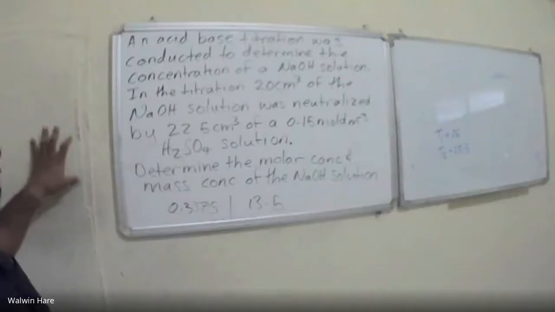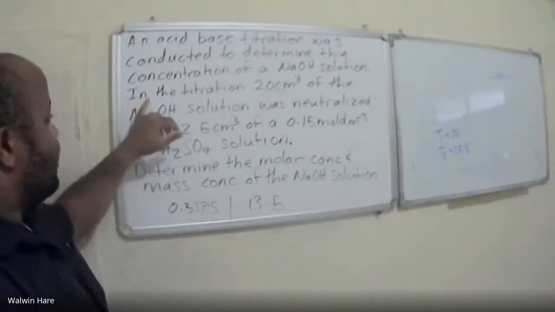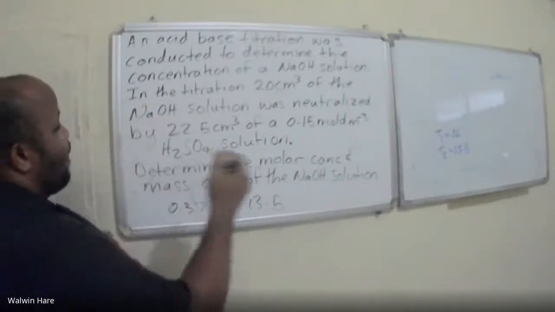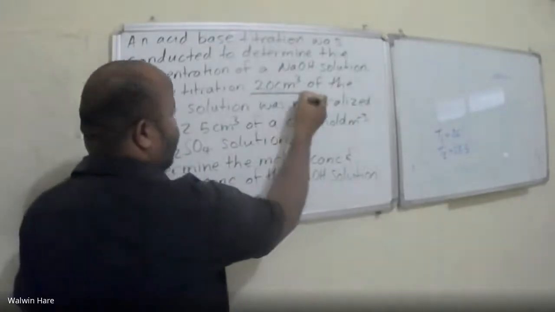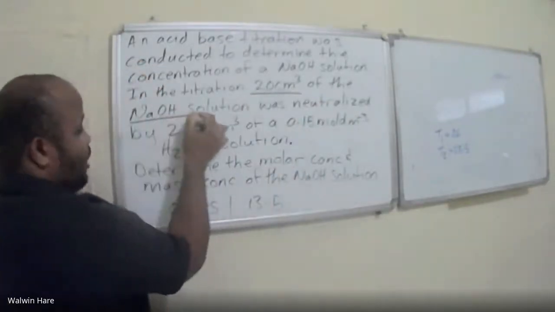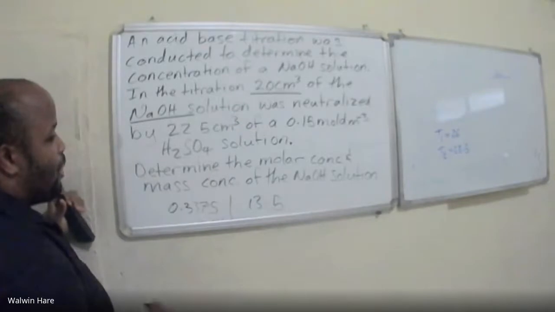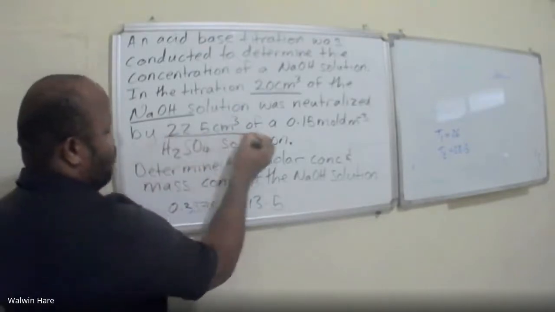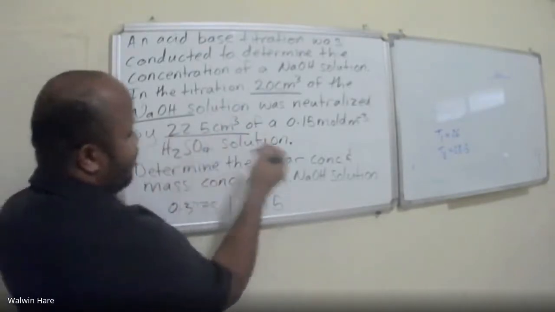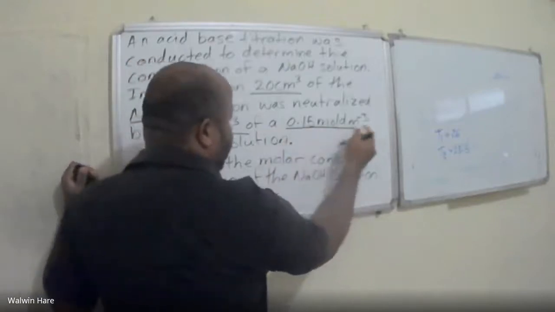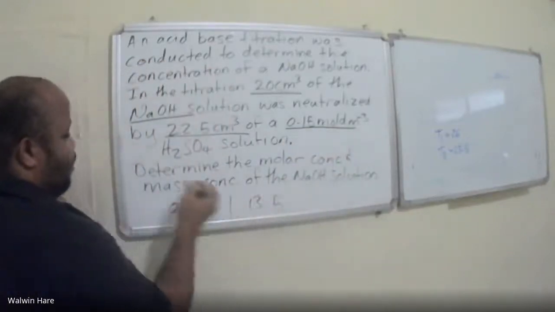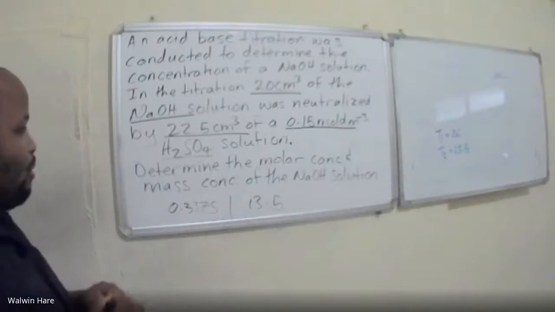All right, so in this question, it says in the titration, we use 20 cm³ of sodium hydroxide, and it was neutralized by 22.5 cm³ of a 0.15 moles per dm³ sulfuric acid solution.